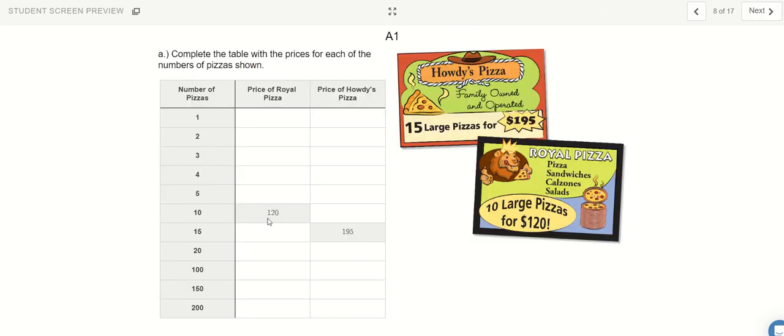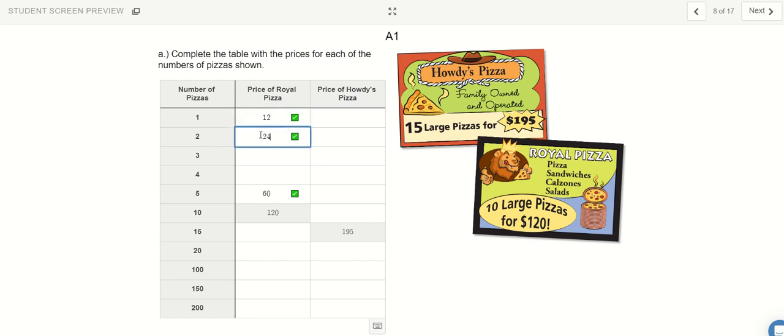Let's see, to get 5, can I cut this in half? If I want half the number of pizzas, it would be half the cost. From 5 here, how can I figure out the price of 1 pizza? I can divide 60 by 5. Dividing by 5, notice that 1 pizza is going to cost 12. From here, it's really easy just to double.